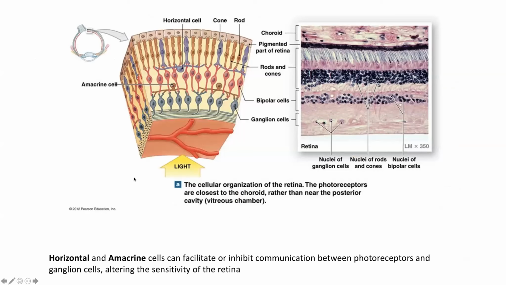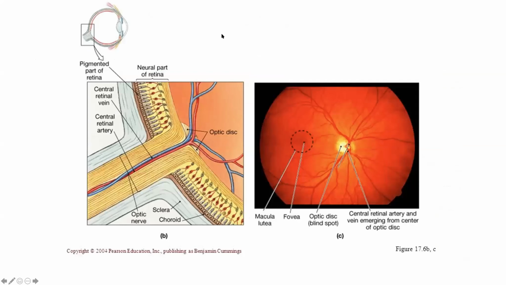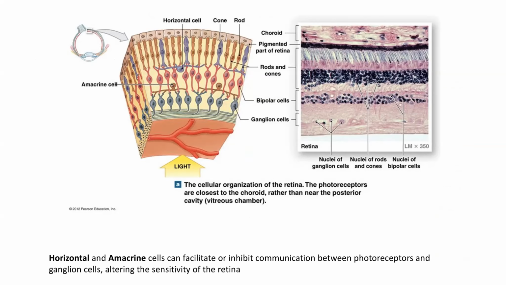This is the organization of the neural layer and the pigmented layer. We have the pigmented layer on the top, and then we have the neural layer. So we see the rods, which look like rods, and the cones, which have a little cone at the end. Those are all attached close to the pigmented layer here.